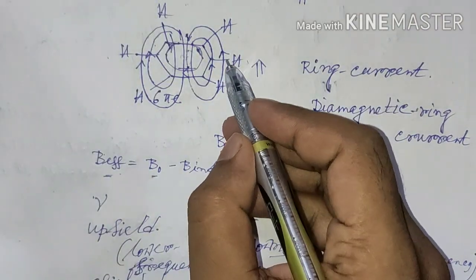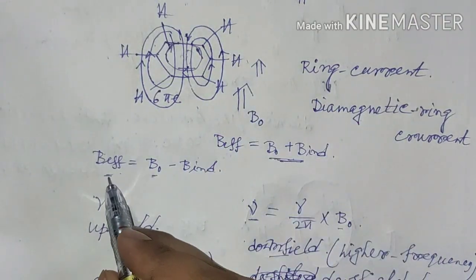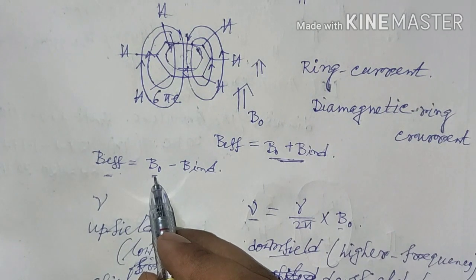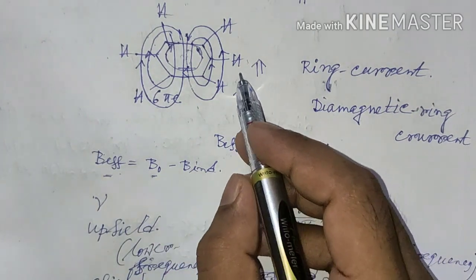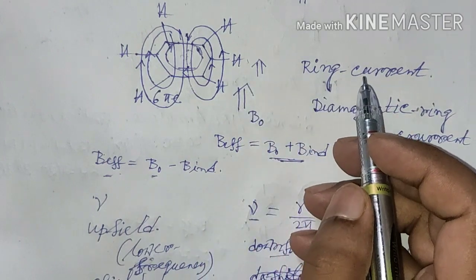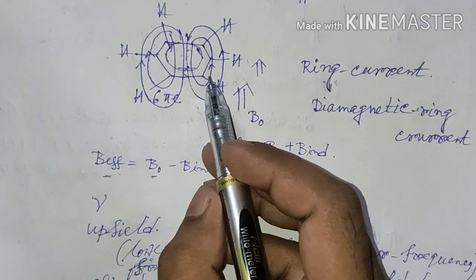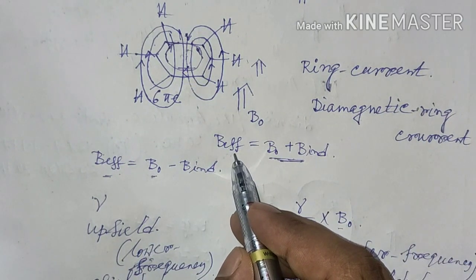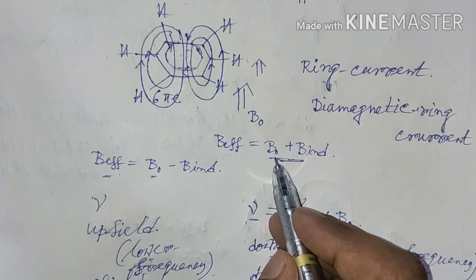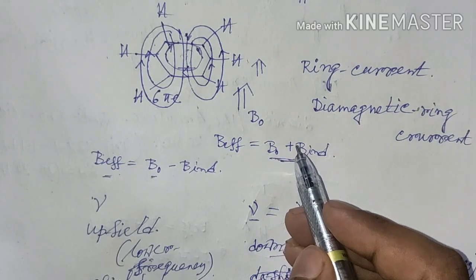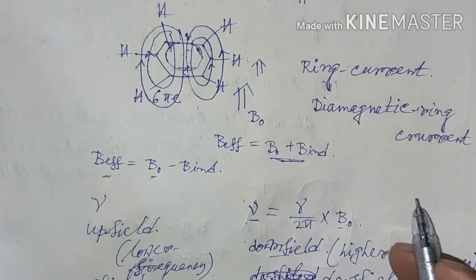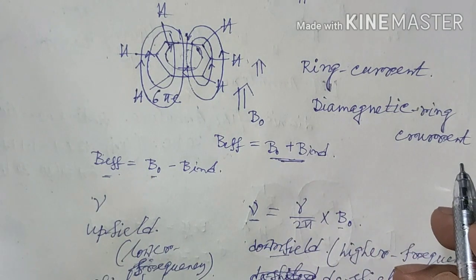In that case, the outer proton will experience an effective magnetic field which is less than the applied magnetic field, and they will resonate at lower frequency, that means upfield, and the inner proton will experience an effective magnetic field which is greater than the applied magnetic field, and they will resonate at higher frequency, that means downfield. It is just the opposite case to the aromatic system.